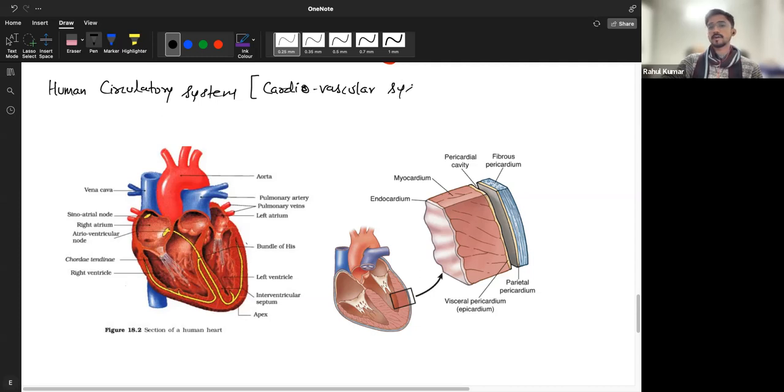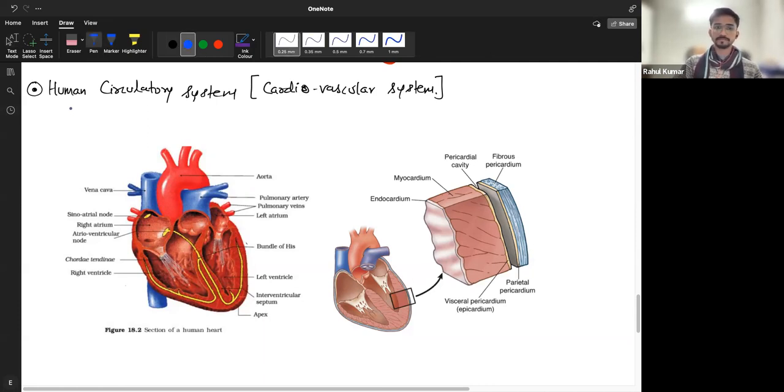So it is a system of heart and blood vessels, because blood in humans only flows within the heart and the blood vessels. This kind of system, where you have a master organ from where the blood starts its journey and only travels within confined spaces known as arteries, veins or capillaries, together known as blood vessels, is called a closed type of circulatory system.